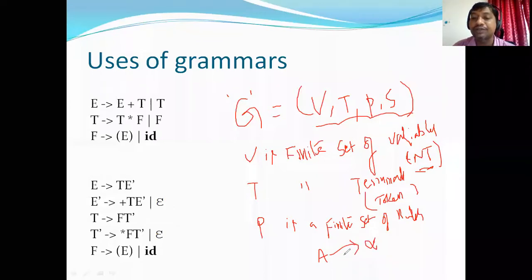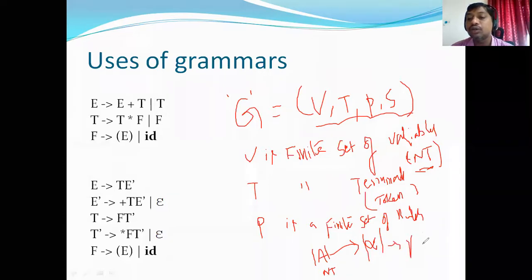This is what we call the derivation symbol, or A implies alpha, we can say. On the left hand side, we have a single non-terminal. A is a single non-terminal, and alpha is a combination from (V union T) star.